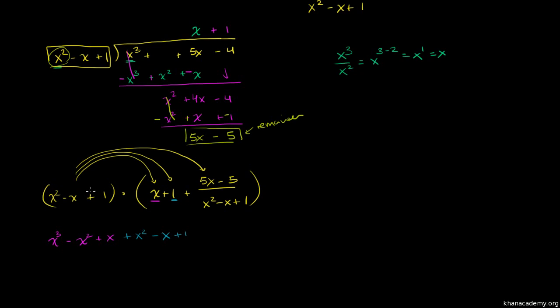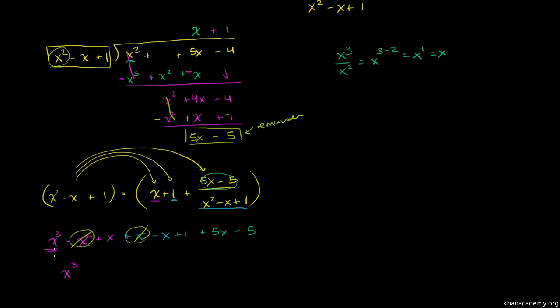And then we can multiply this whole thing times this thing. Now this is the same as the denominator here, so it'll cancel out. This will cancel with that, and we're just going to be left with the numerator over here. So plus 5x minus 5. And now we can try to simplify it. We only have one third degree term, the x to the third. So we have x to the third here. Second degree terms, we have a negative x squared, and then we also have a positive x squared.